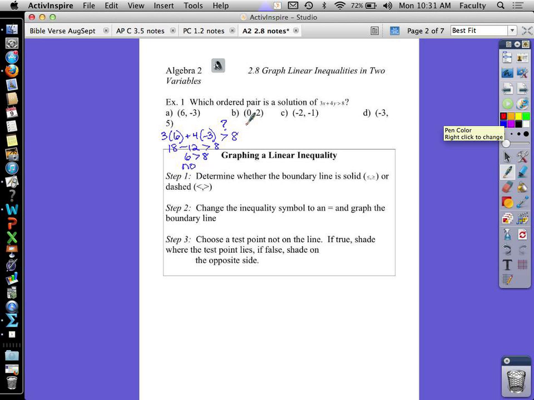Then let's plug in for letter B. I would do 3 times 0 plus 4 times 2, and I'm going to put a question mark here. Is that greater than 8? 0 plus 8? Is 8 greater than 8? No. All right, letter C. 3 times negative 2 plus 4 times negative 1. Is that greater than 8?